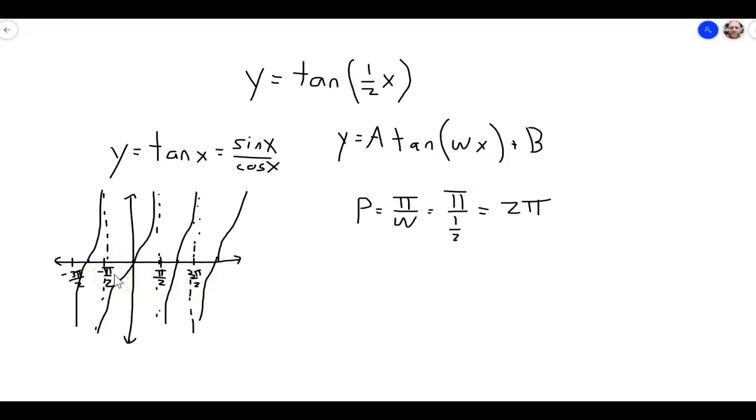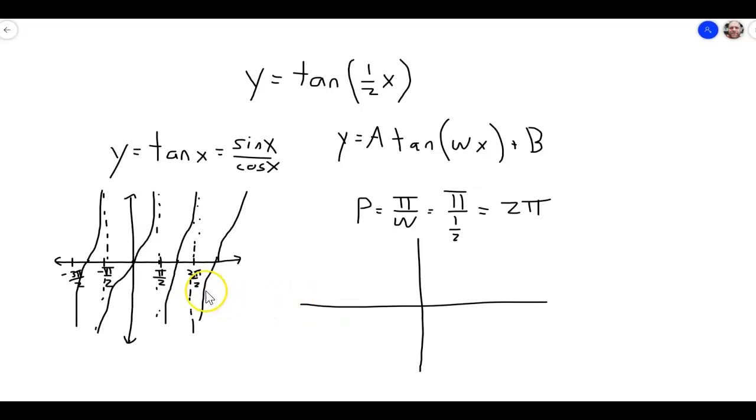So this means that our period is basically getting doubled. These things are going to be stretched horizontally, doubled here. So it's still going to start at the origin, but instead of going up to pi over 2, it's going to be stretched all the way out to pi. So our new graph should look like this.